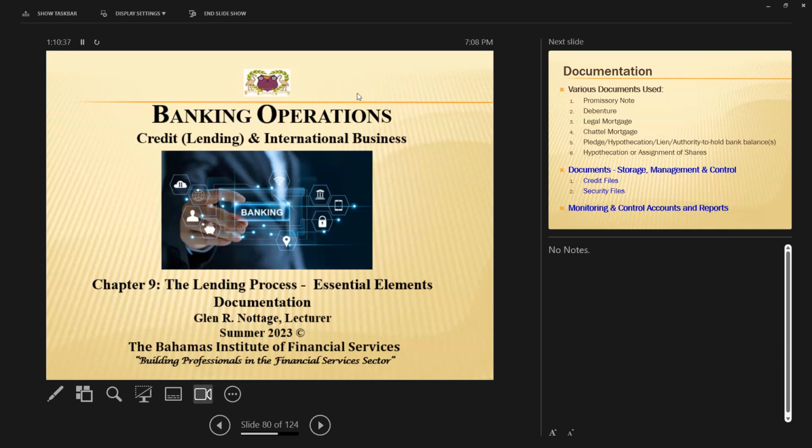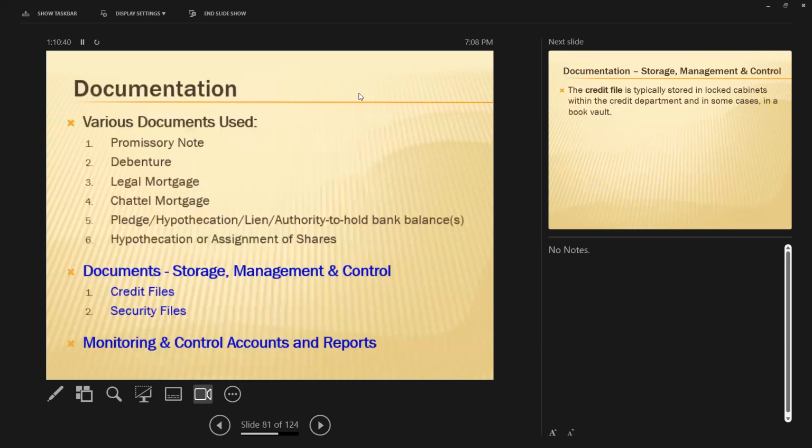All right. So previously, we looked at promissory note of debenture, legal mortgage, chattel mortgage, pledge, hypothecation, lien, authority to hold bank balances, and the hypothecation of shares or assignment of shares.